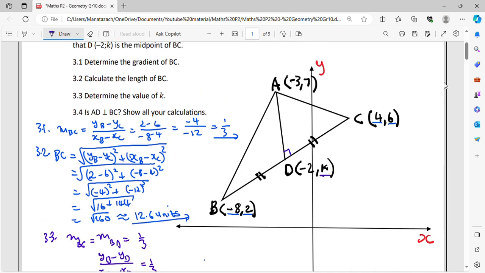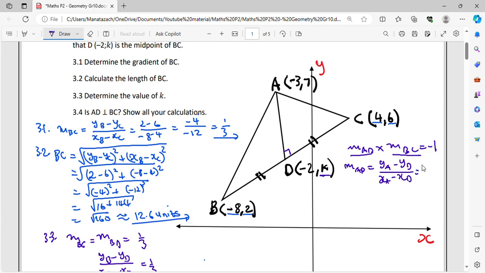One condition that you must meet is that when you multiply the gradient for AD times the gradient for BC, they must give you -1. That's the condition you're trying to fulfill. You've already worked out the gradient for BC, but you don't know the gradient for AD, so let's work it out. Gradient for AD: y at A minus y at D, divided by x at A minus x at D.